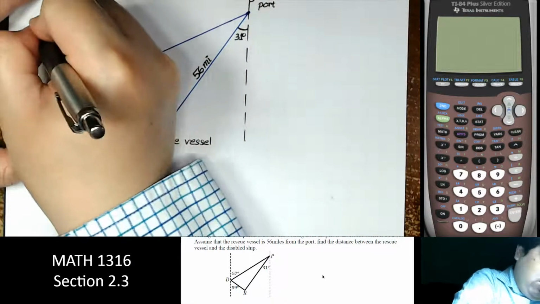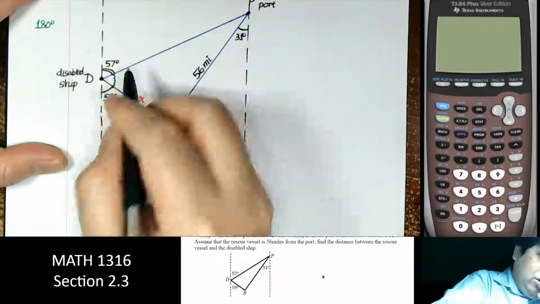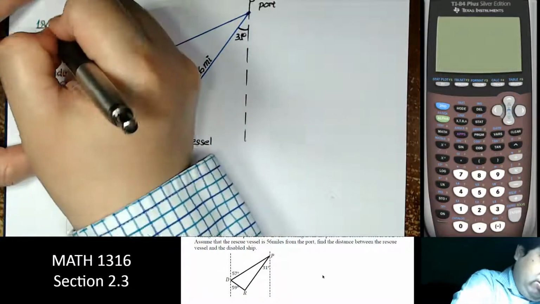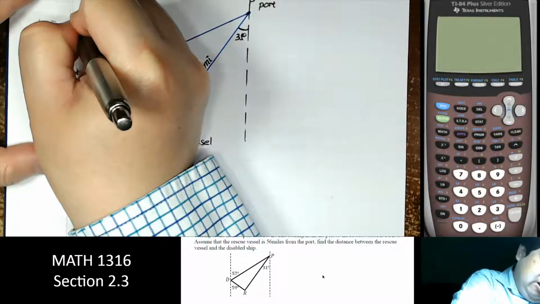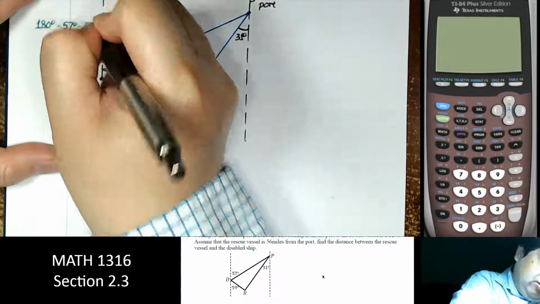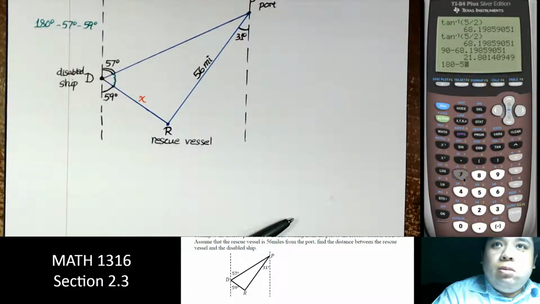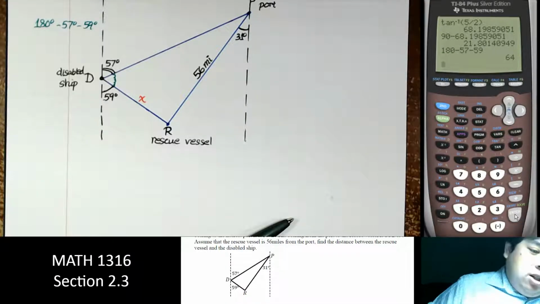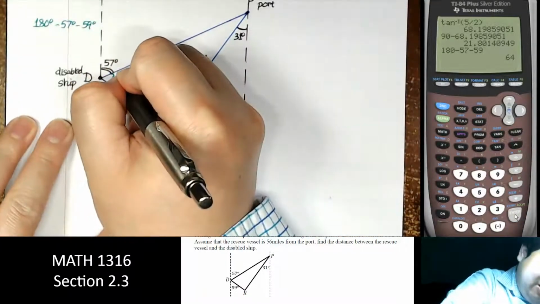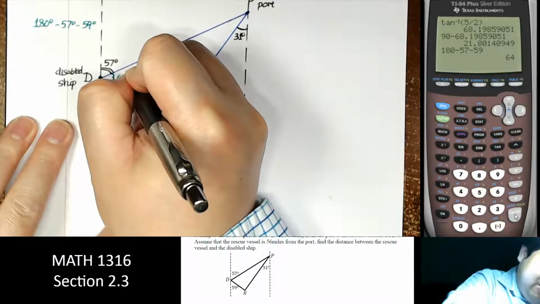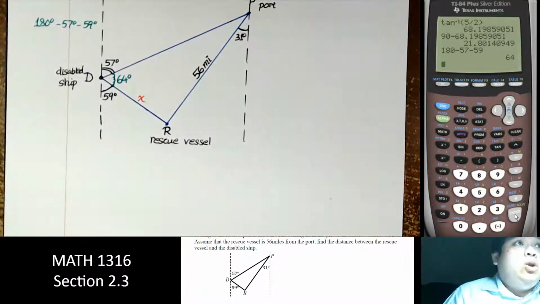So if we take 180, subtract 57 and subtract 59, we have 64 degrees. So that's good.